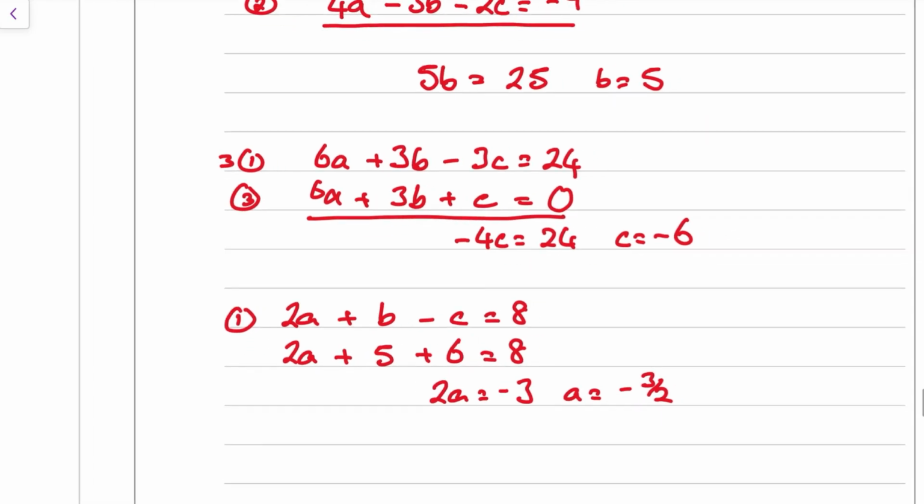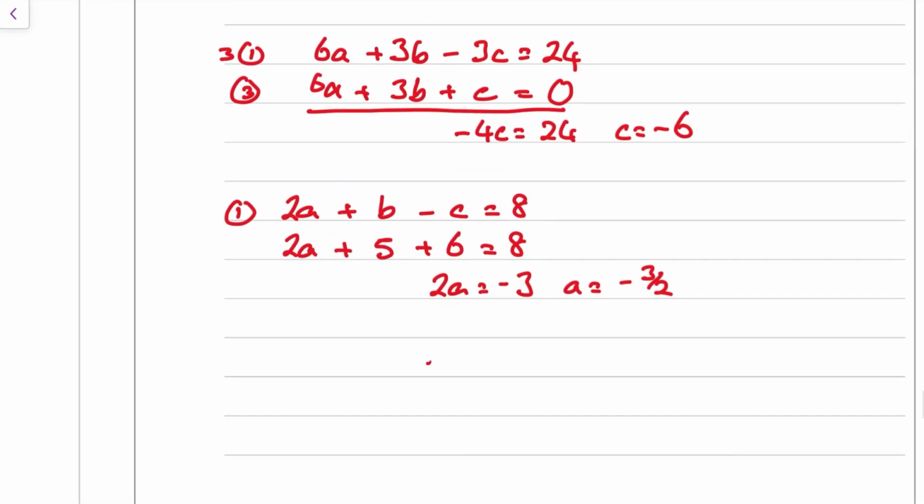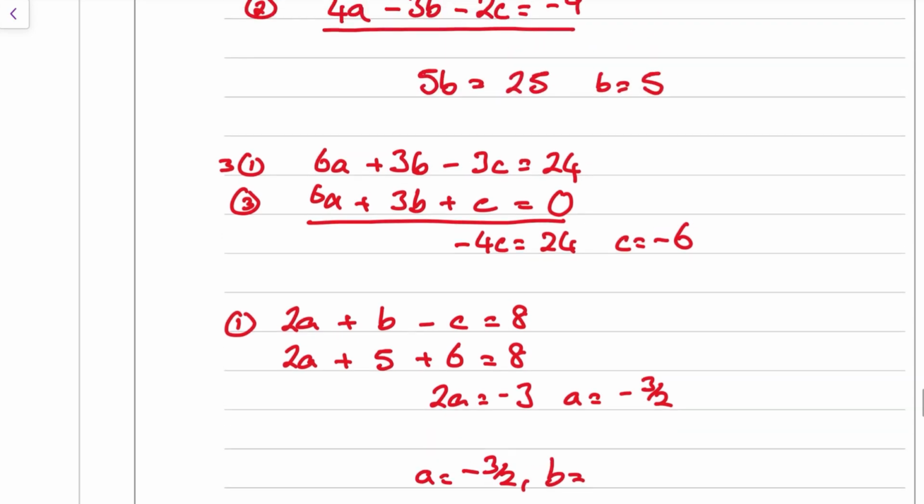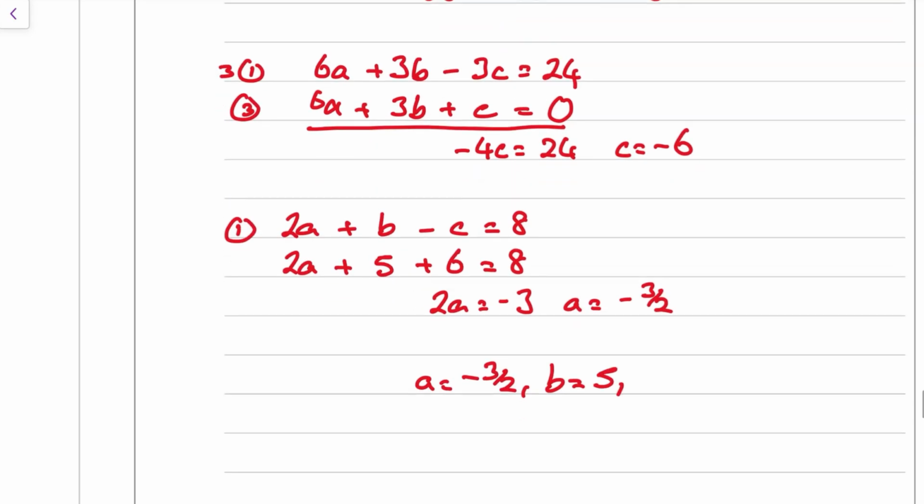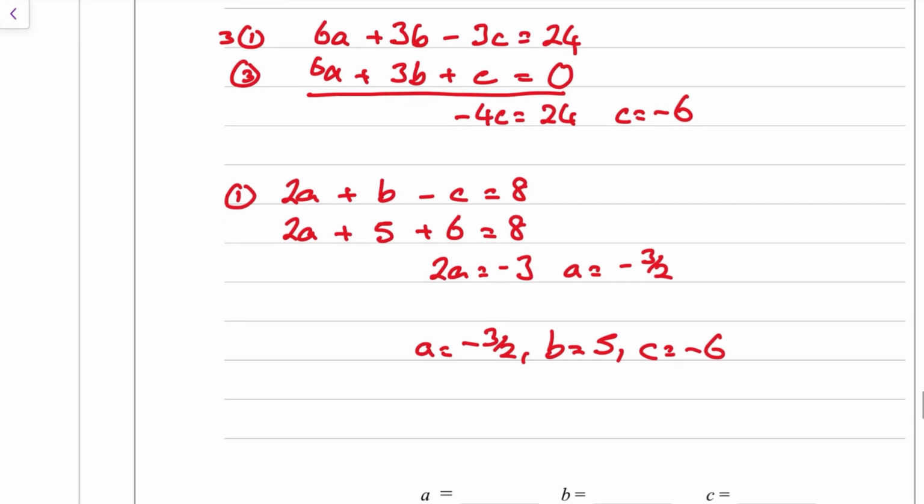Wow, except for the last one, those numbers are quite good, weren't they? So a equals minus 3 over 2, b is equal to 5, and c is equal to minus 6. Okay, quick breath before doing the next one because we've flown through these.